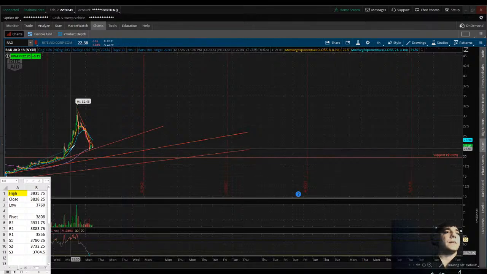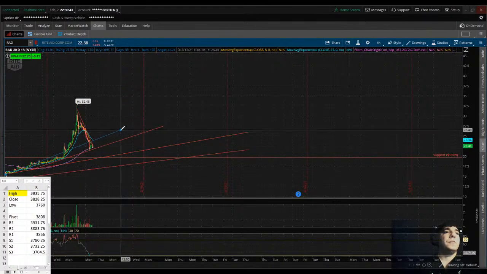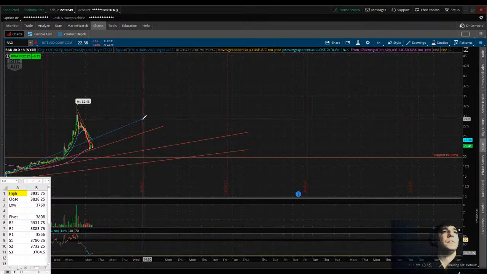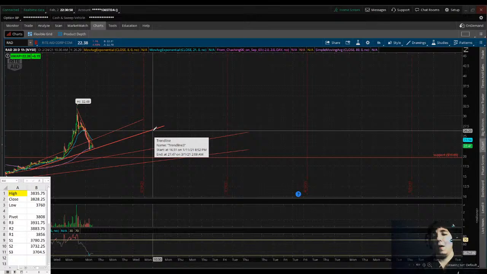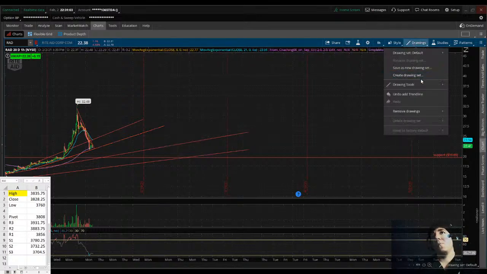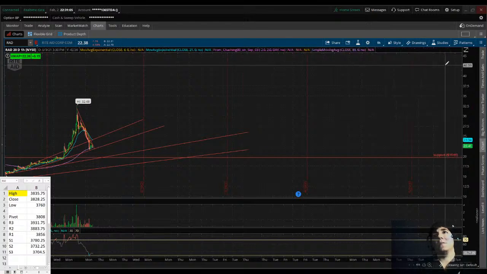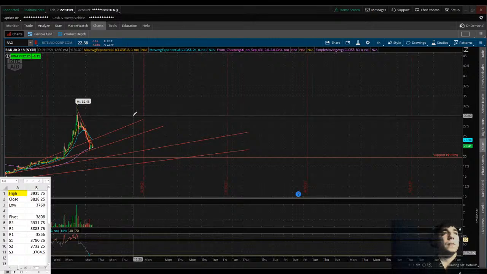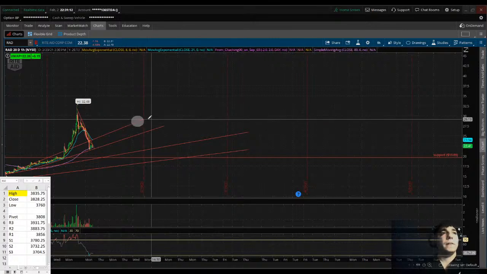So I'm going to take a straight line through this general motion right here, reach out to the 19th, which is right there. And so my target is going to be somewhere in this general area.